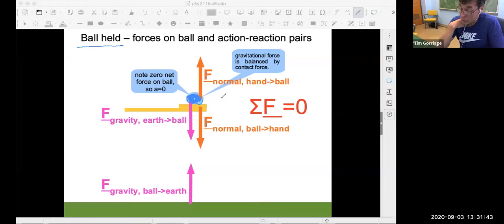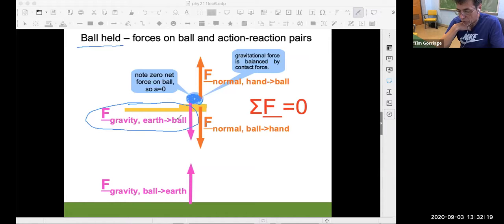And there are two forces. Here's one of them. It's the force of gravity pulling the ball downwards. And that force of gravity is due to the Earth's force on the ball. And so I've given that force this complicated subscript because I wanted to be clear that this force indicated by this magenta arrow is the force of gravity downwards that's exerted by the Earth on the ball.